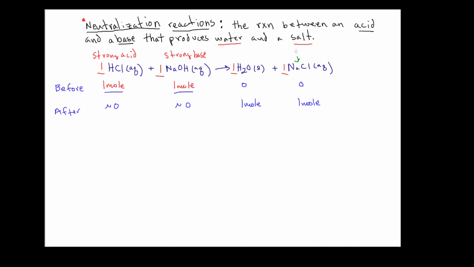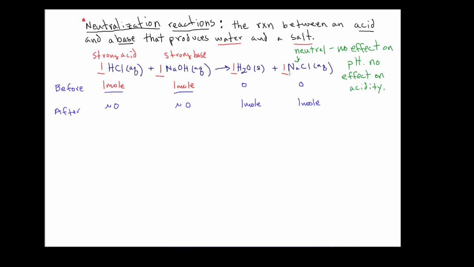And the reason we call it a neutral salt is because the sodium chloride has no effect on pH of the reaction mixture. All right, so it has no effect on the acidity, and maybe I'll add that here. So no effect on acidity.